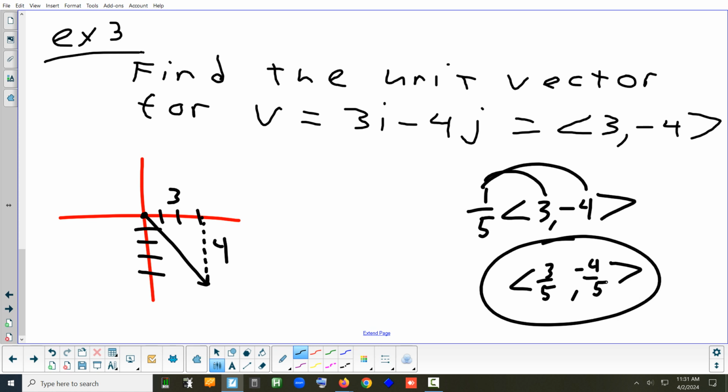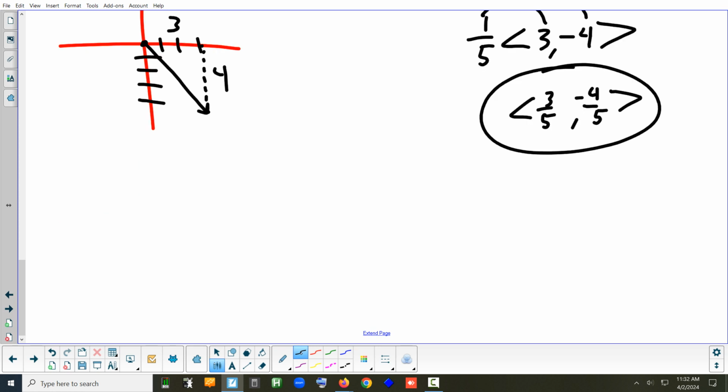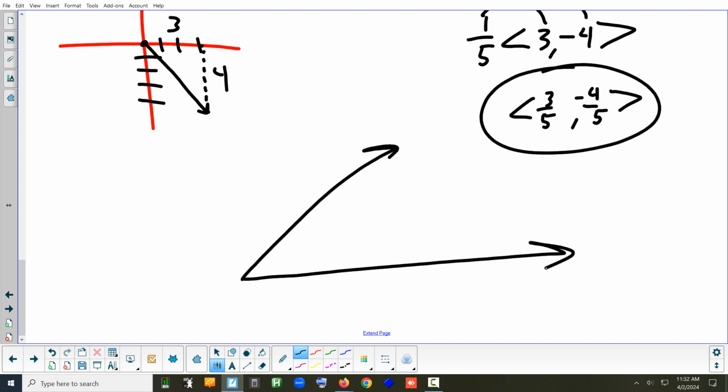What's the point of turning it into a unit vector? So the next thing we're going to look at, not today, but let's say we had 2 vectors like that, and we want to figure out the angle between them. If all you care about is the angle, it doesn't matter how long you make these vectors.